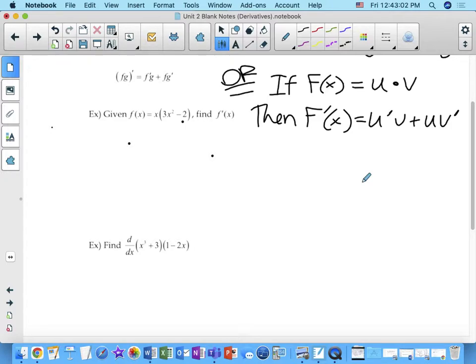So here we have f of x equals x times 3x squared minus 2. Now, by the way, we solved this yesterday by expanding. So actually, let's do that first.